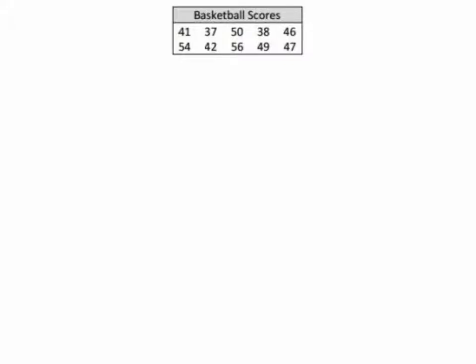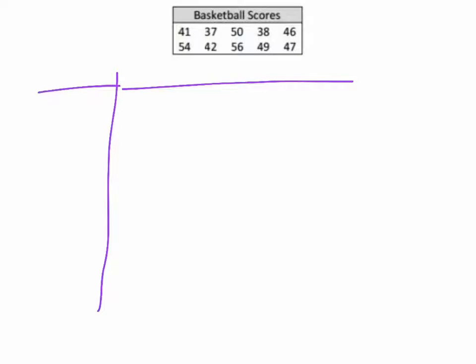Now, I'm going to set up my table. And I'm just going to do basic. And remember, the first thing I need to do with this is I need to find my mean. So I'm going to fill in my data.